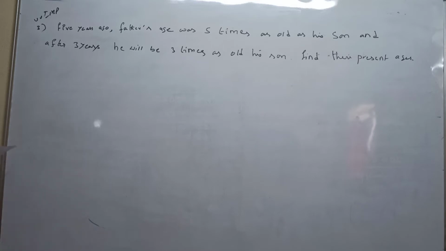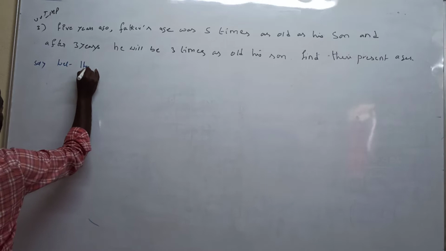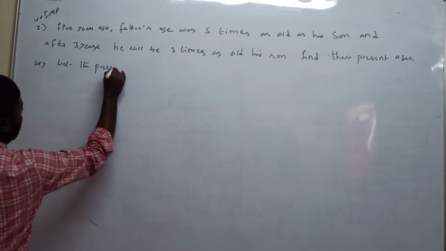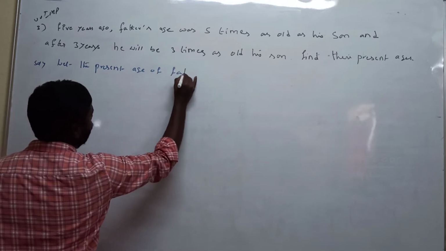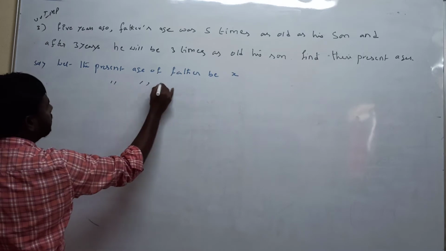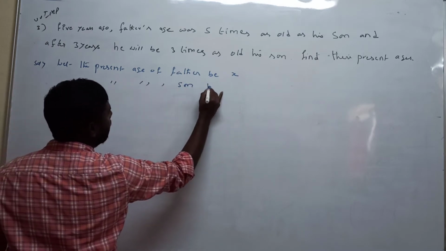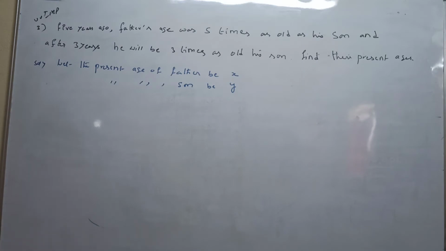We don't know either present age, that's why we are assuming the present age of the father is x and the present age of the son is y.